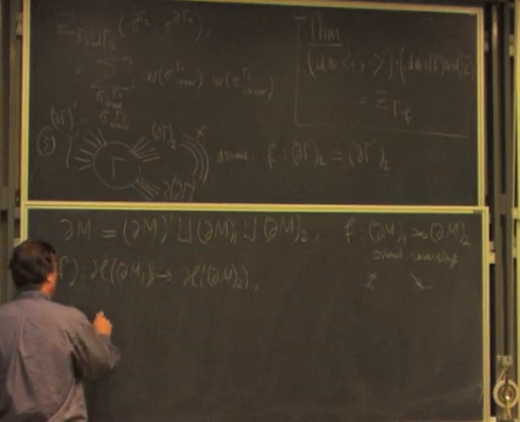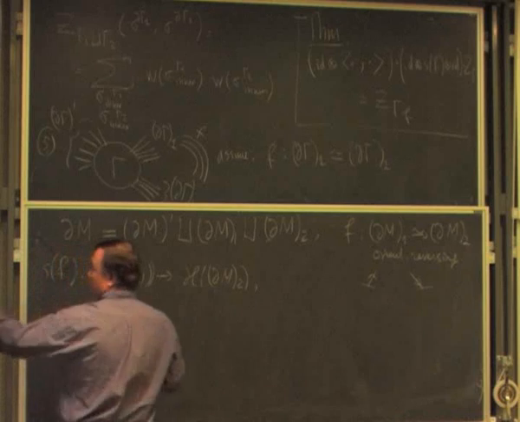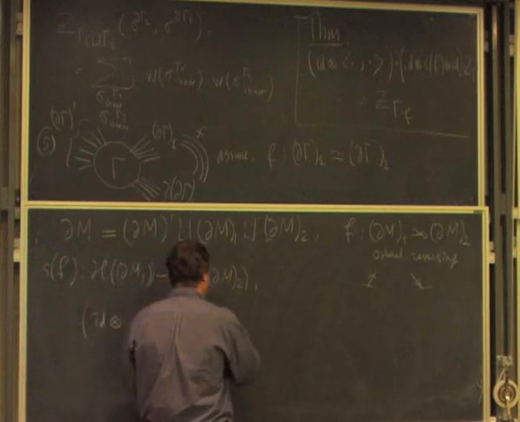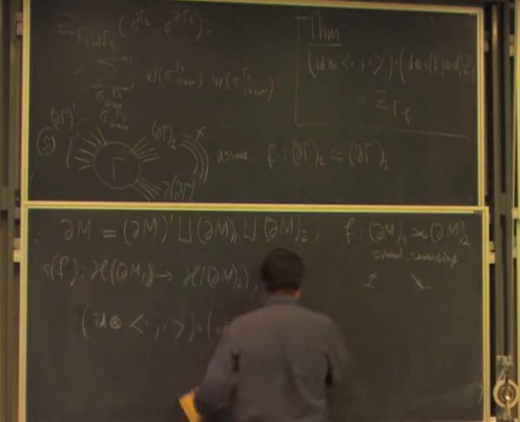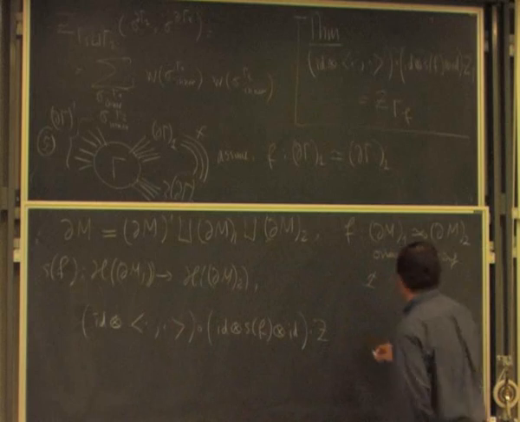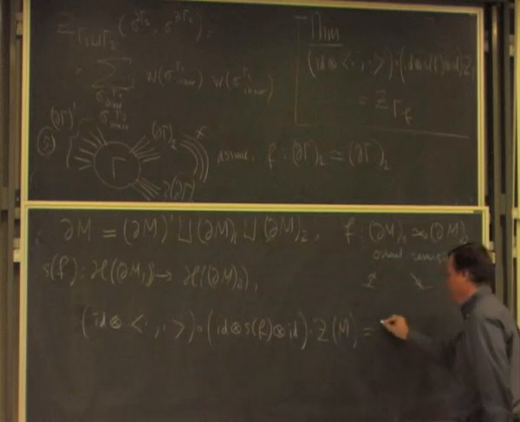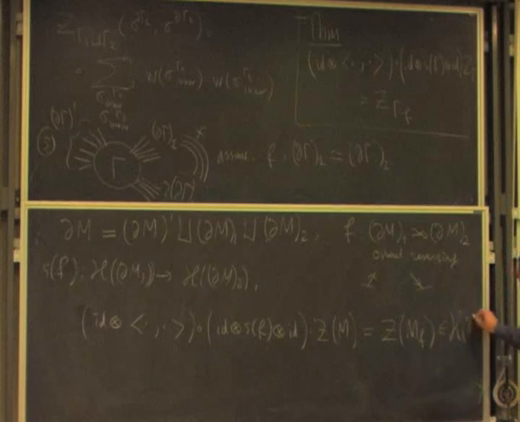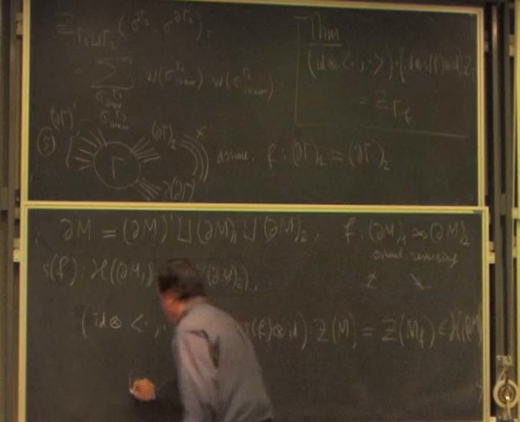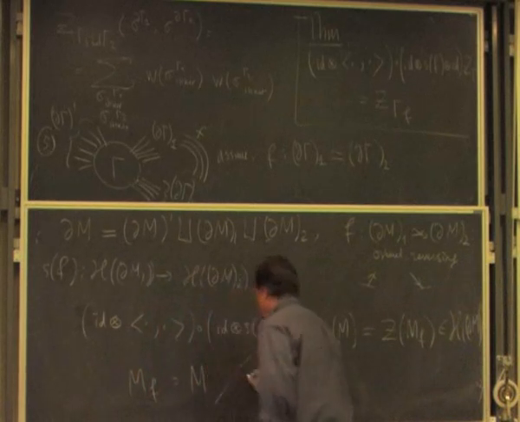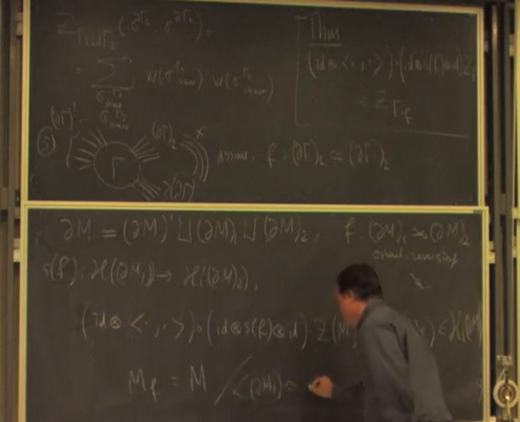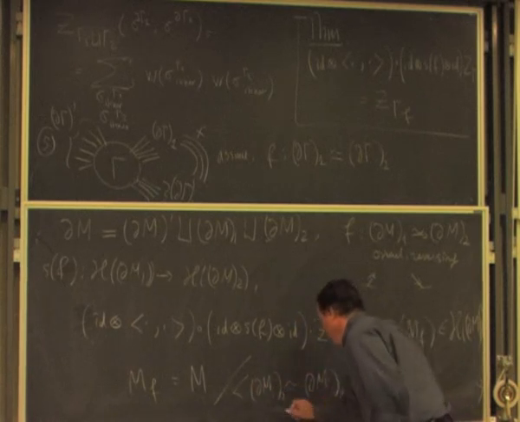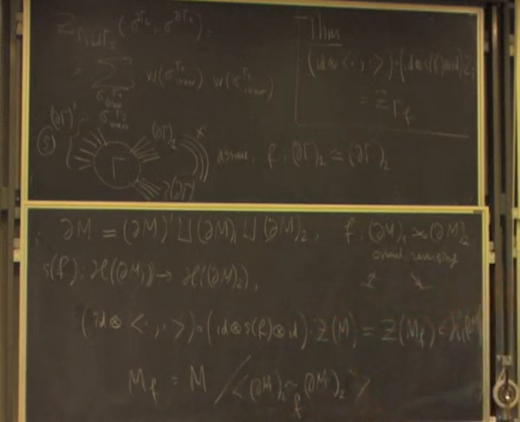So the axiom is that if you apply, just as over here, identity, Hermitian pairing, then identity, S of F, identity to Z of M, we will have Z of M_F in the vector space D of M prime, where M_F is M with these components of the boundary identified by F. So that's the result of the gluing.